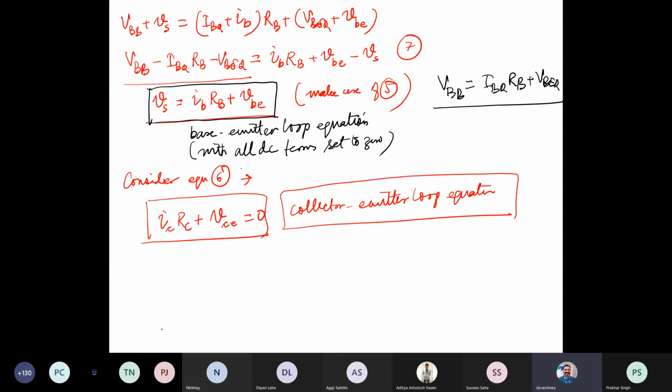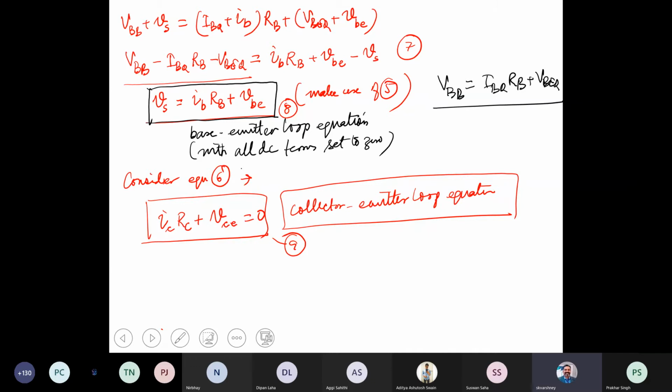These two equations, let's number them 8 and 9, simply relate the AC parameters in the circuit, and we obtain them if we set all the DC sources to 0, so that results in the AC equivalent, right?